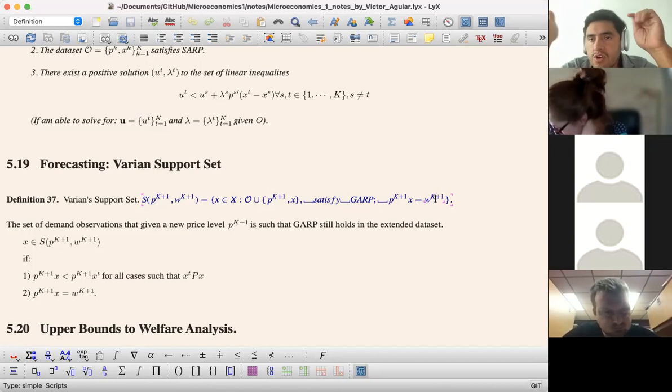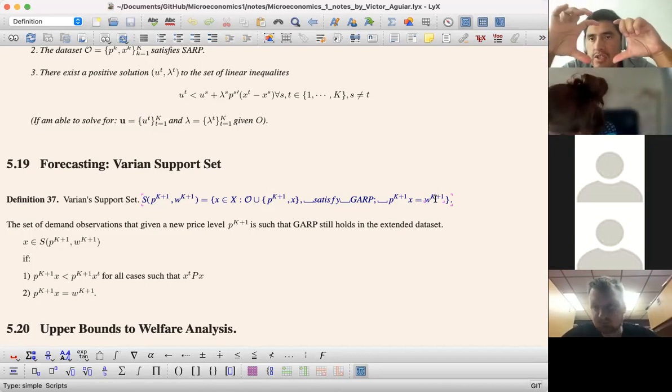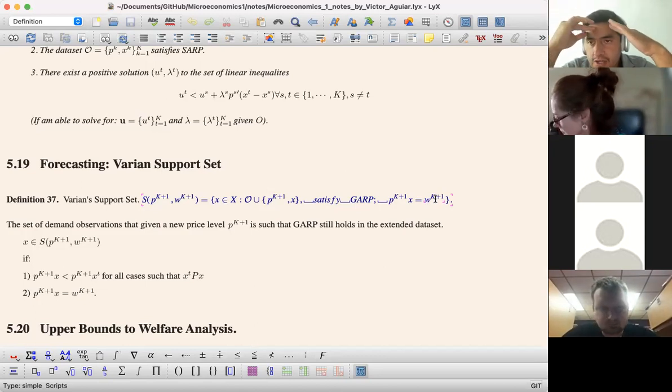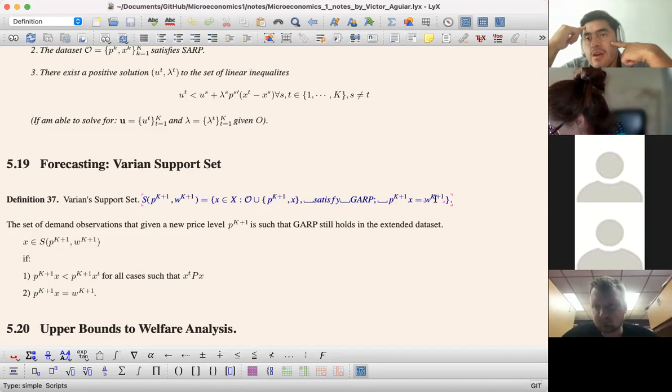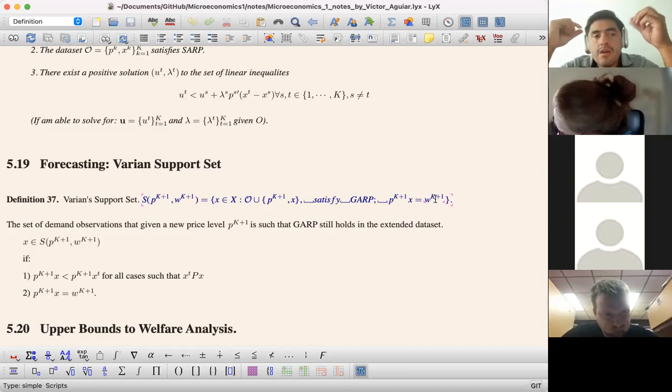And this utility function also happens to generate the original data, okay? So in that sense, it's a counterfactual prediction. Importantly, this utility function will rationalize the original data, okay?